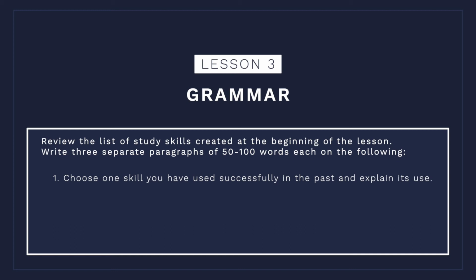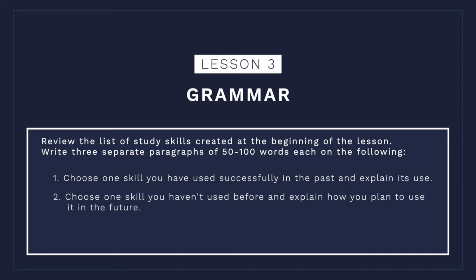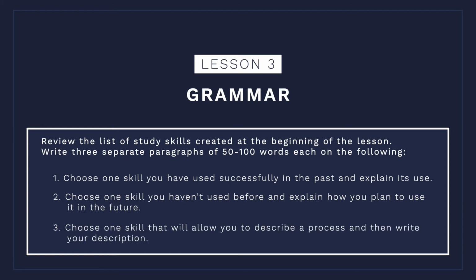Choose one skill you have used successfully in the past and explain its use. 2. Choose one skill you haven't used before and explain how you plan to use it in the future. 3. Choose one skill that will allow you to describe a process and then write your description.